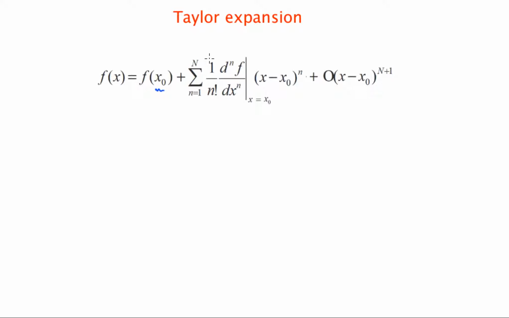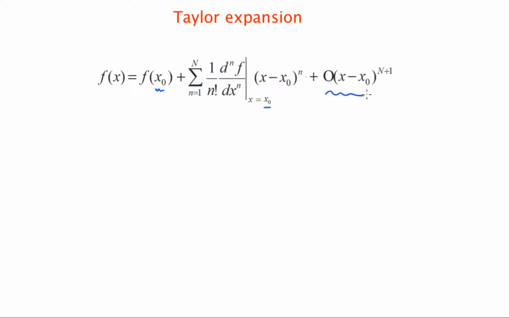But usually, in a practical way, we have to cut somewhere, so we'll consider capital N terms in the summation, and each term corresponds to the following expression: 1 over n factorial, the nth derivative of the f function with respect to x evaluated at x0, times (x minus x0) to the n.